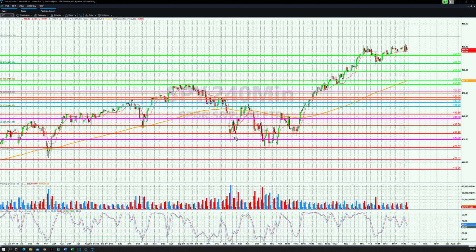I like to watch divergence. I put here the stochastic, which a lot of people use as a momentum indicator, and it's also nice for seeing the divergence between the price action, the candles, and the indicator.